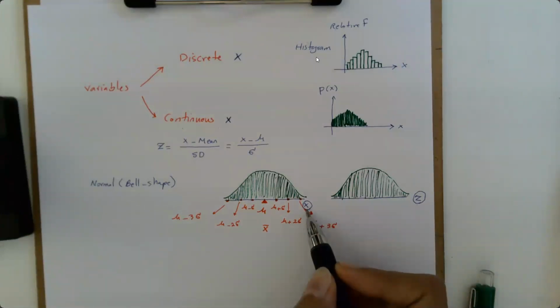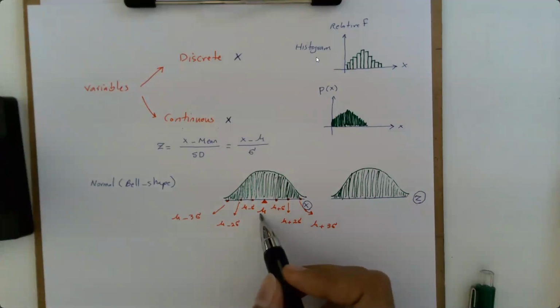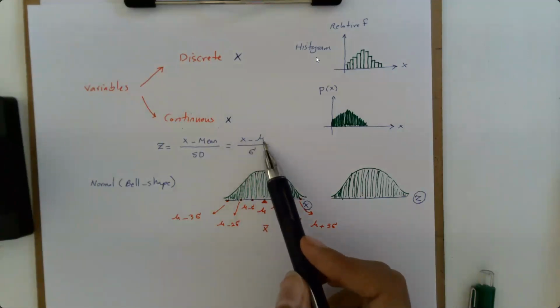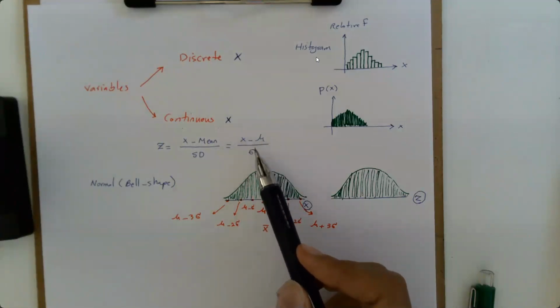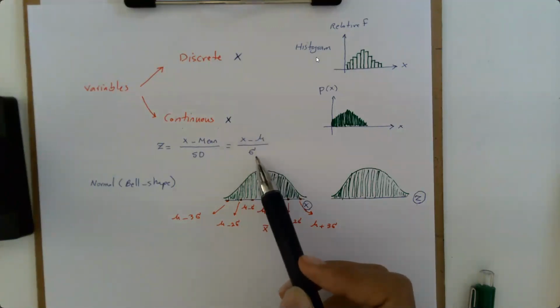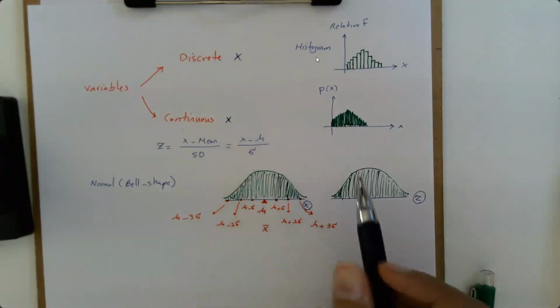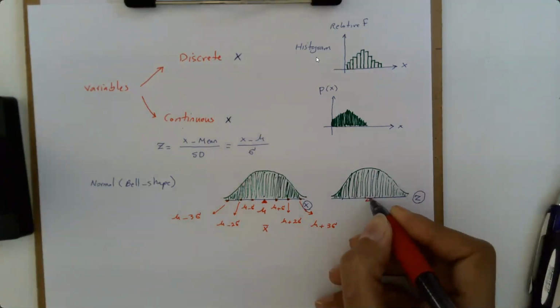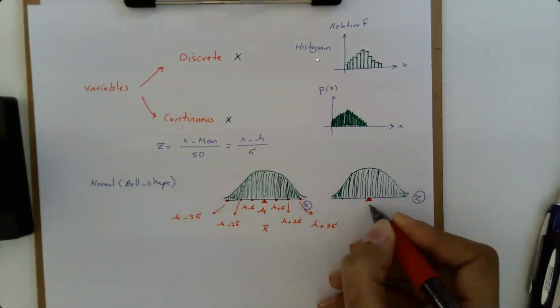Of course not. In the middle, we have X equals to mu. So if I plug in mu for X, I get mu minus mu, which is 0, divided by standard deviation. 0 divided by standard deviation is going to be 0. So now our typical value, the center, the middle point, is going to be 0.